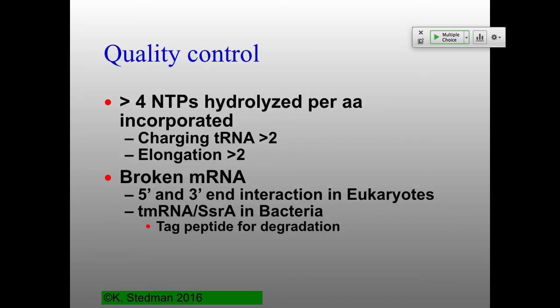I wouldn't call it really recycling, but if there's a problem with your messenger RNA, then you basically want to kick the recycling into high gear, or actually maybe more of a garbage disposal than a recycling process. So there are a couple of ways of dealing with this. One, of course, is that to protect your messenger RNA in eukaryotes, you have a nice circle, i.e. the ends are not available to be degraded. Another thing that happens, we'll talk about this now in a little bit more detail, is what's called tmRNA.